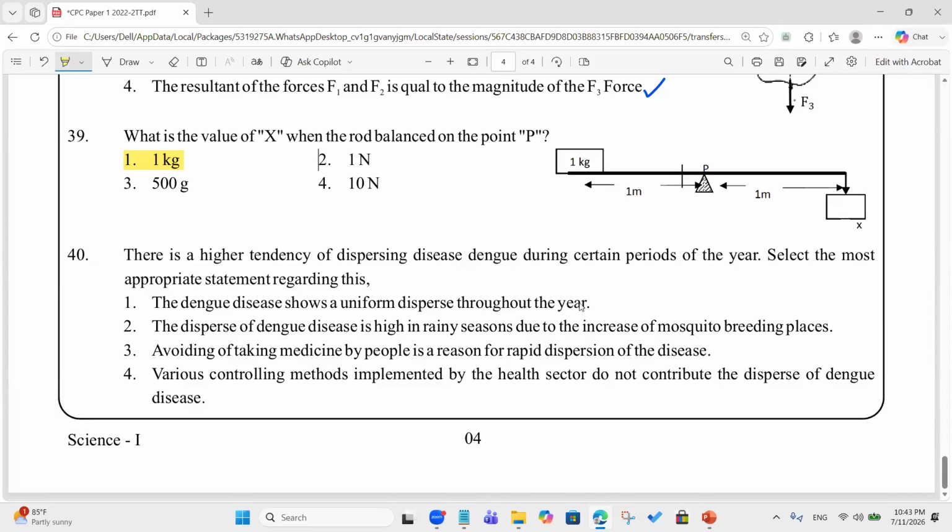What do you think? The second one. The spread of dengue is high in the rainy season due to the increase of mosquito breeding. Yes. And there's another thing: during this season we can find rambutan, durian and mangosteen.